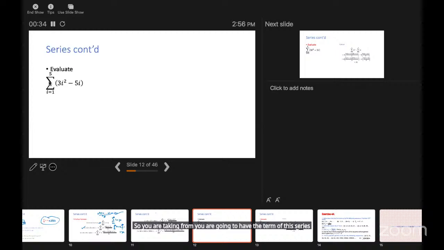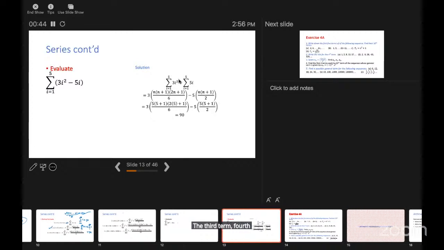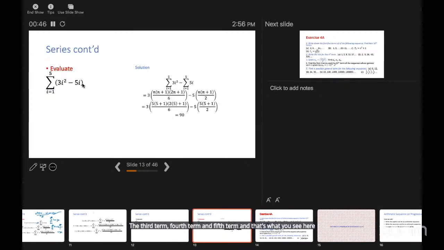That is the meaning of sum here. When i is 1, you get the first term, plus when i is 2, the second term, plus the third term, fourth term, and fifth term. And that's what you see here. Because i appears, you can make this sigma of 3i squared minus sigma of 5i.